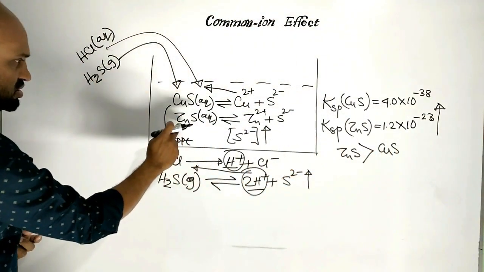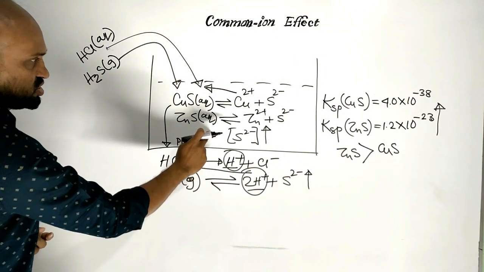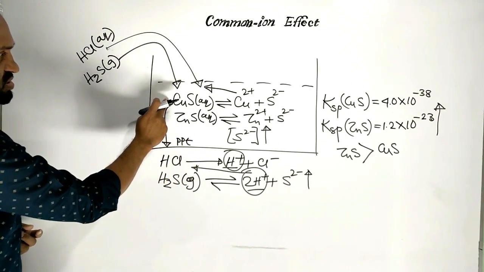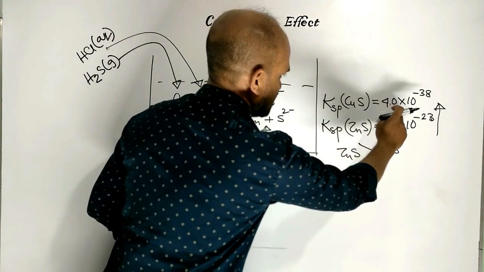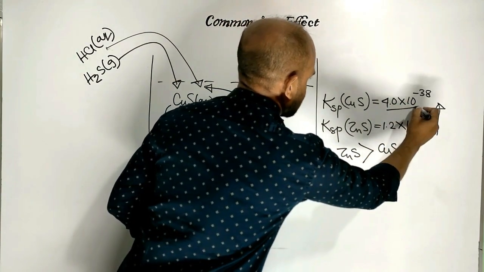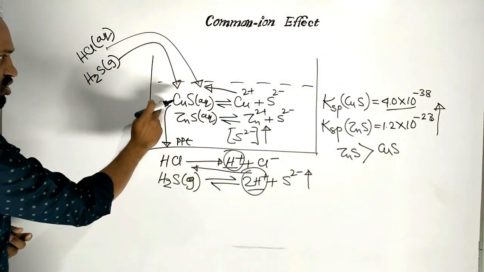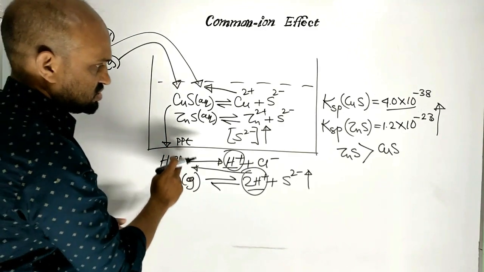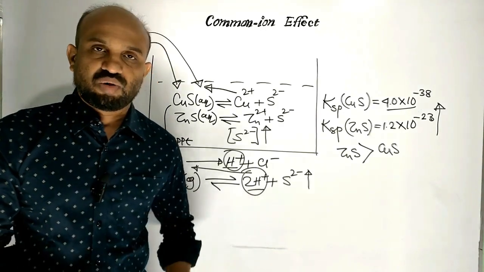That is why zinc sulfide remains in the solution, but ionic product of copper sulfide exceeds solubility product of copper sulfide. That is why copper sulfide forms precipitate. It happens due to the common ion effect.